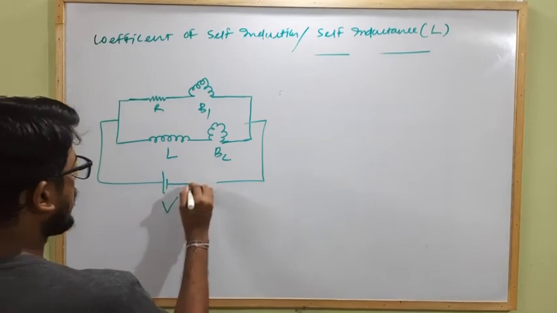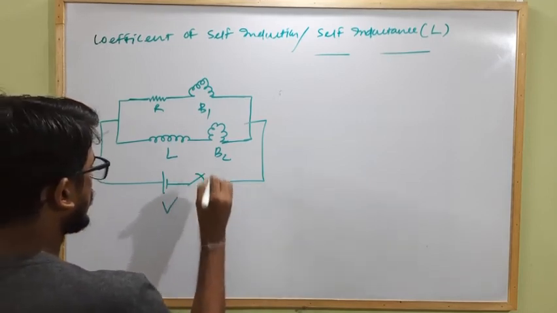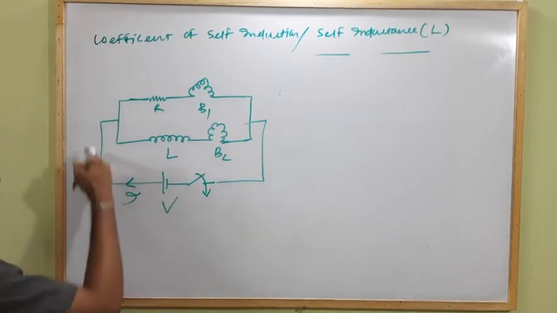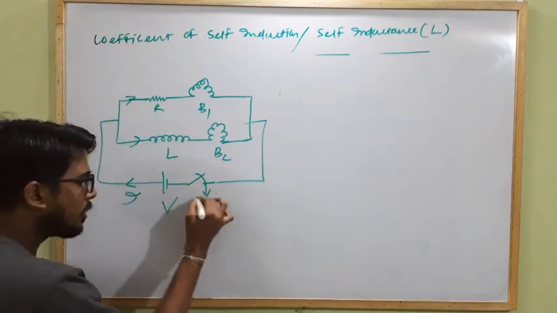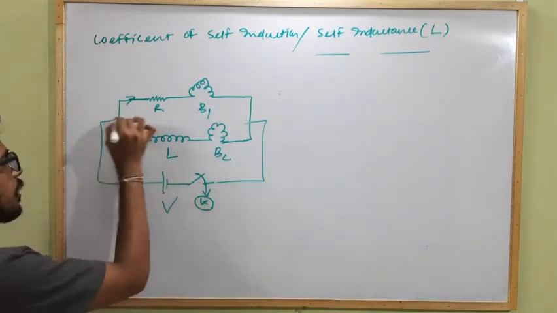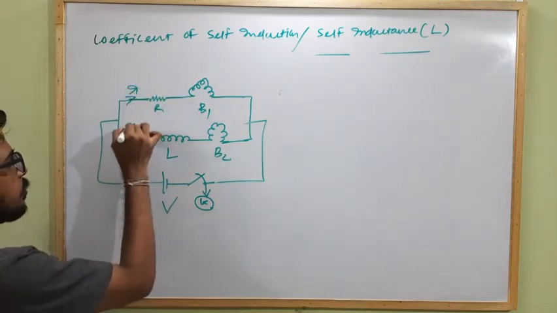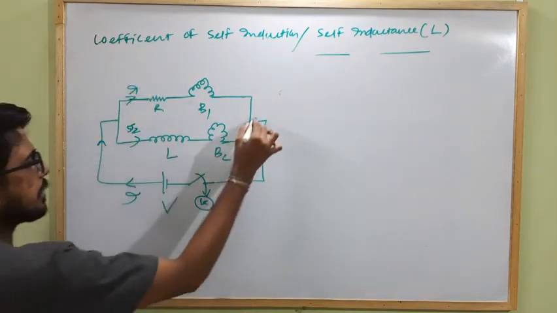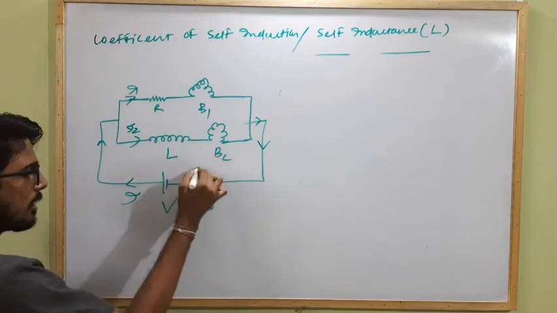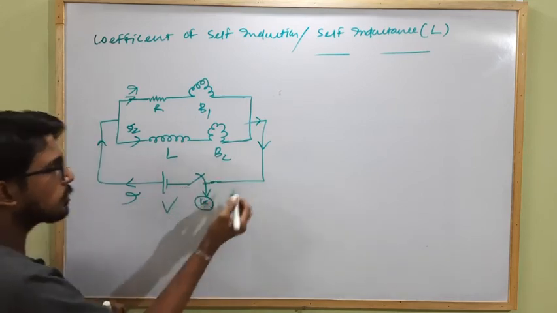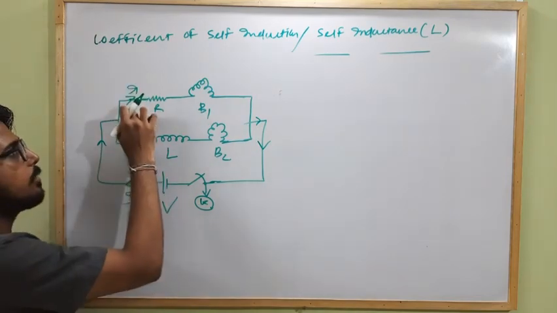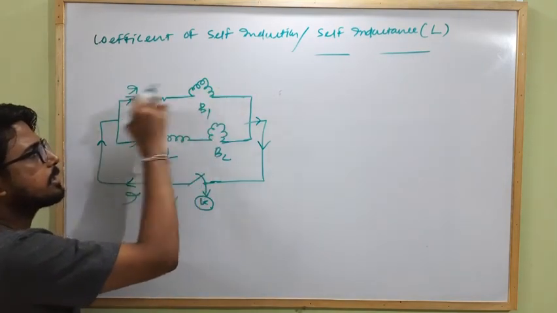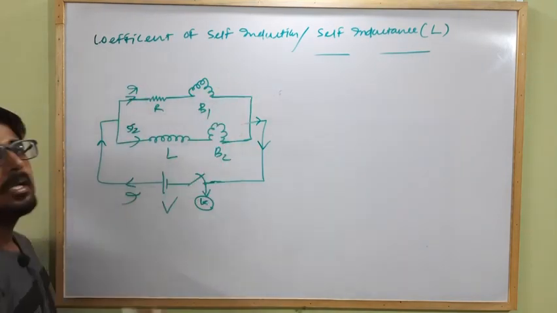When the key here is closed, current I starts to flow through this circuit, and immediately the current I is split into I1 and I2. As soon as the key is closed, the bulb B1 starts to glow immediately, because the current I1 starts to flow through this branch immediately.